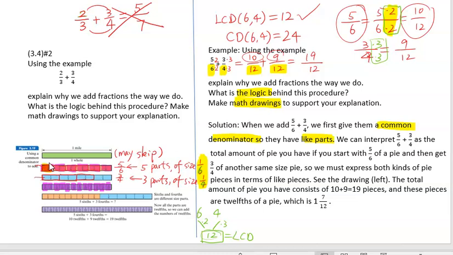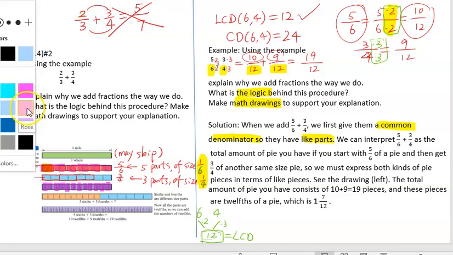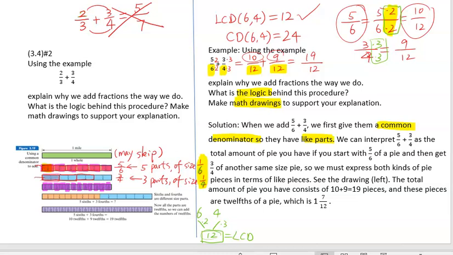But for the bottom one, for this piece, notice we multiply by 3. So we're going to cut this into 3 equal slices. So one slice is turned into 3 slices. So we have 1, 2, 3.